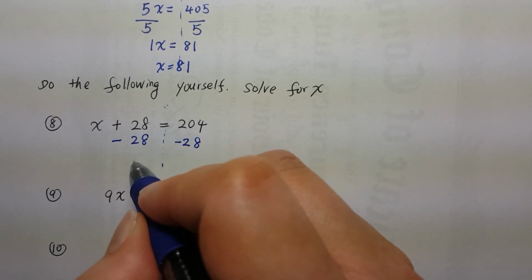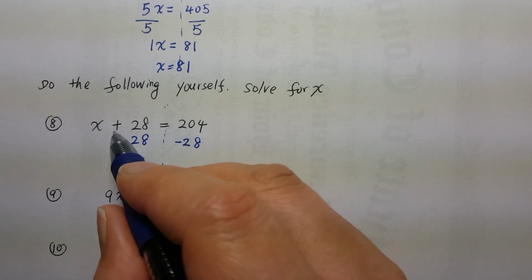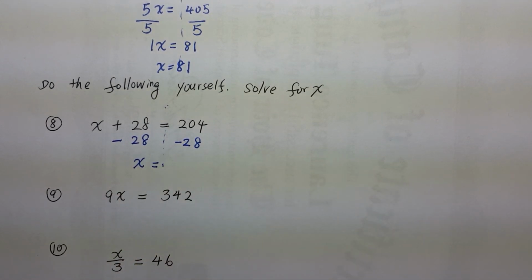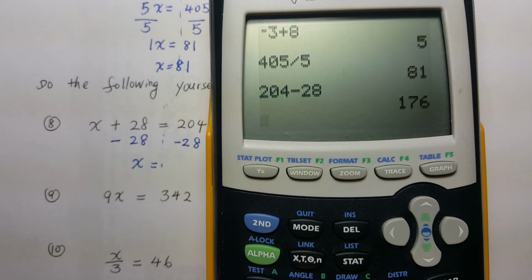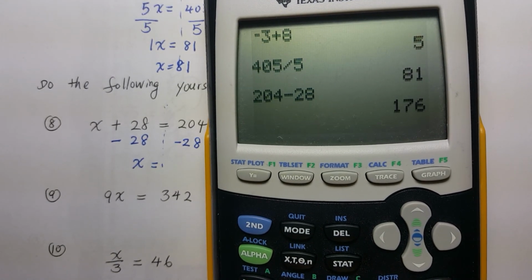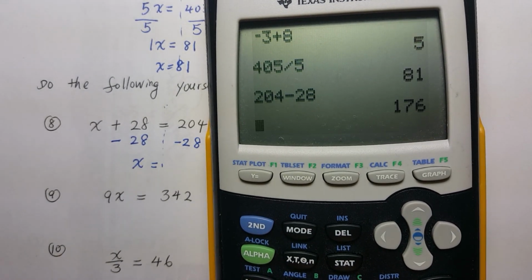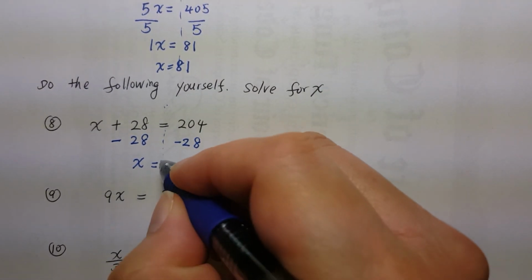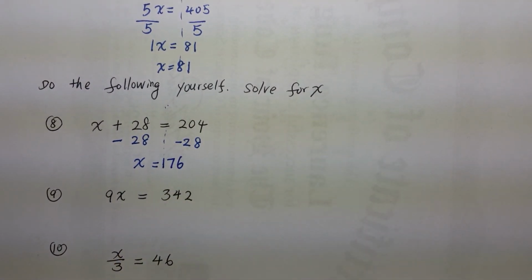This is going to be x because the 28 disappears. So we have equal. We use our calculator. We subtract 204 minus 28, 176. So therefore the answer is x equal to 176.